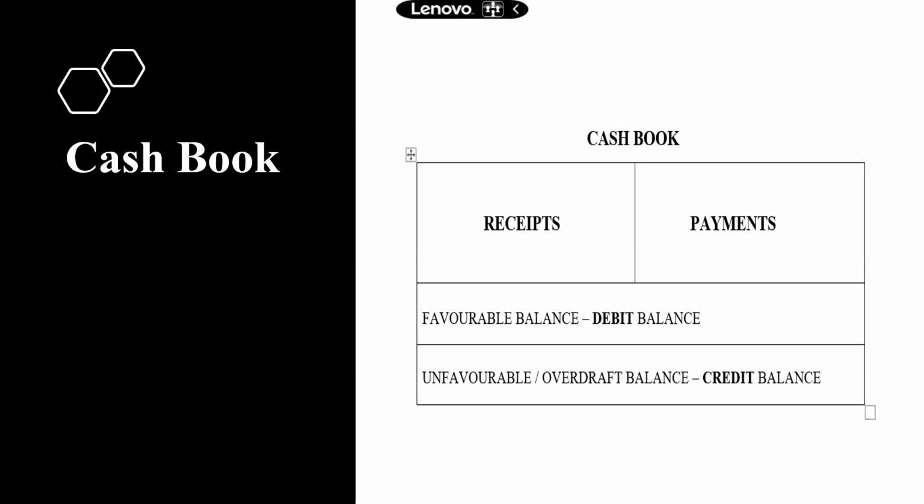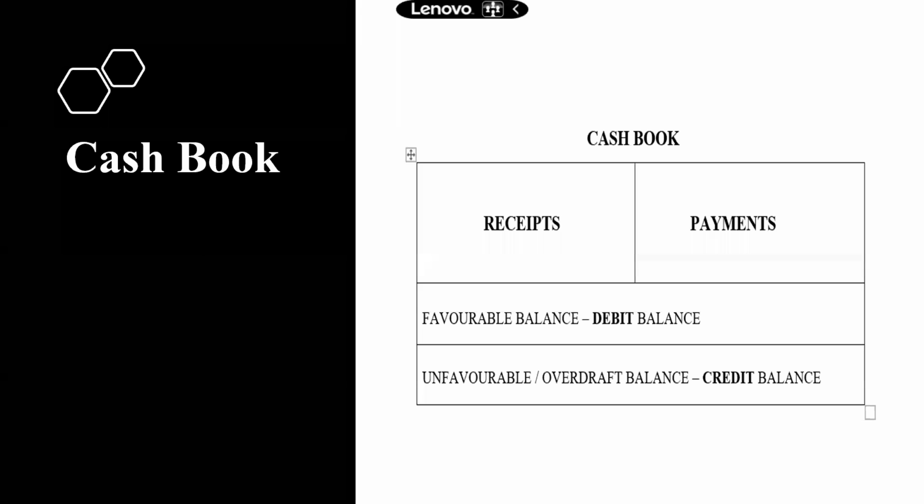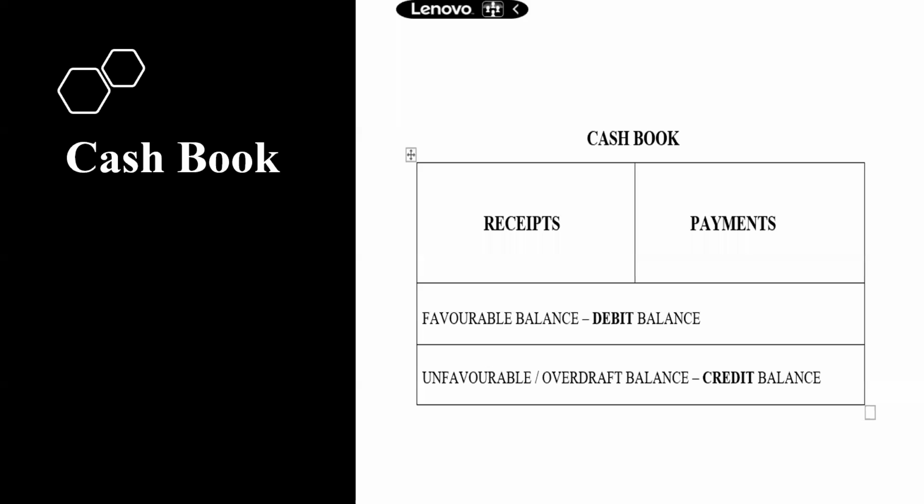Right? Now, can this cash book show a credit balance? Can the bank column of the cash book have a credit balance? Yes or no? Yes, ma'am. Overdraft. Very good.